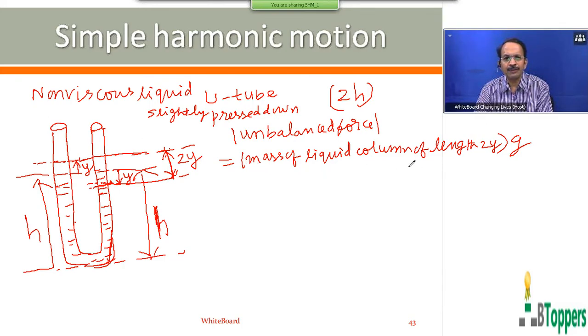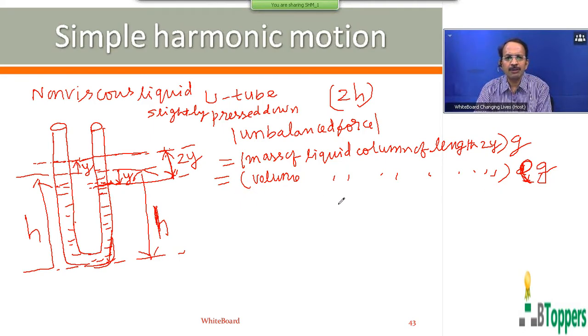The weight of the liquid column of height 2y can be written as the mass of the liquid column of height 2y into g. The mass of the liquid column of height 2y is equal to the volume of the liquid column of length 2y into the density of the liquid. Let D subscript L, or rho, denote the density of the liquid, into g.